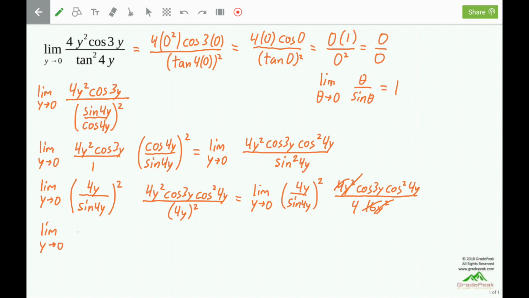I'm not doing anything with that first expression at all because that's perfect form for the identity. It's been phase matched. And we have left a cosine of 3y, a cosine squared of 4y, and all of that over a 4.